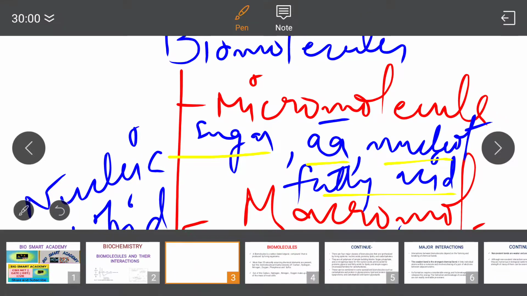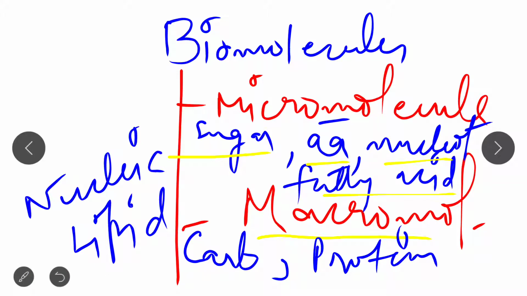So these are the macromolecules: carbohydrate, protein, nucleic acid, and lipid. We will study all these macromolecules one by one at later stages. All these macromolecules are formed from these micromolecules, like sugar, amino acid, nucleotide, and fatty acid.